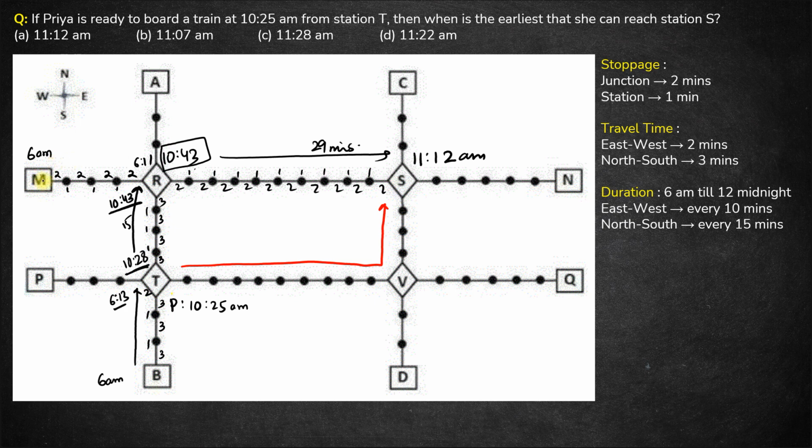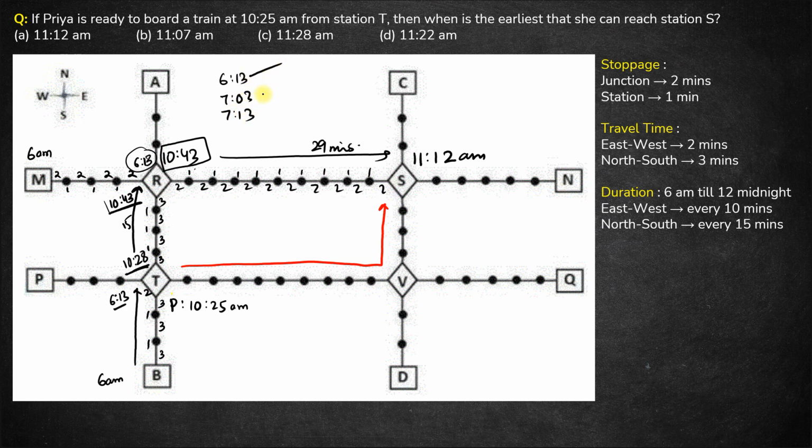Now a train starting from M, the first train, will reach R at 6:11 am, but it will be waiting for 2 minutes, so it will leave R at 6:13 am. The first train leaving R is at 6:13 am and there is a train leaving R every 10 minutes. So every 10 minutes: 6:13, 6:23, 33, 43, 53, then 7:03, then 7:13.